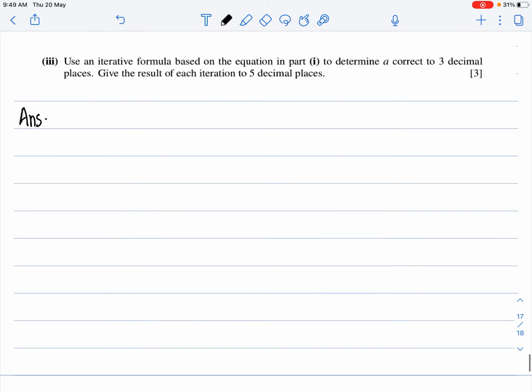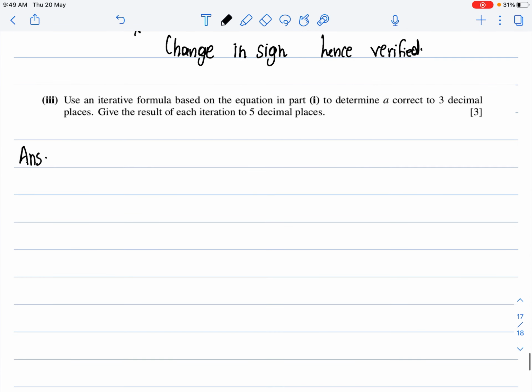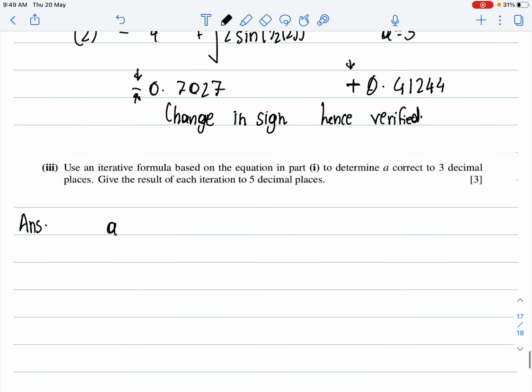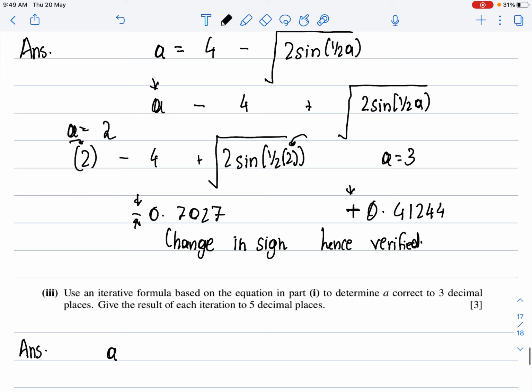Now, use an iterative formula based on the equation in part 1 to determine a correct to 3 decimal places. Give the result of each iteration to 5 decimal places. So I can write my iterative formula as a(n+1) equals 4 minus the square root of 2 sine half a(n).